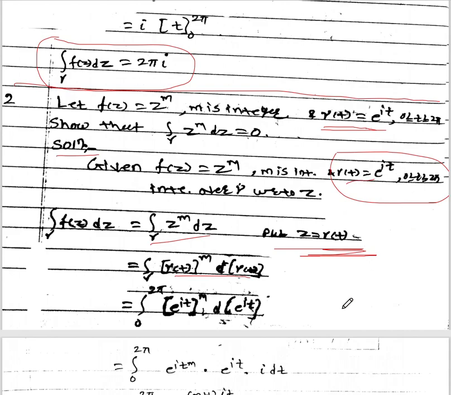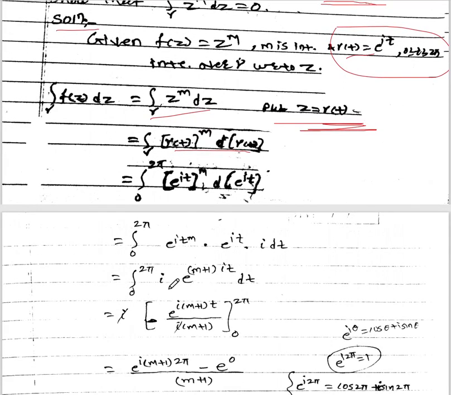Okay, so this term can be written as integral 0 to 2 pi e raised to power it, to the power m, into the derivative of e raised to power it, which is e raised to power it into i, dt. Okay, so we can club this term. So 0 to 2 pi integral as it is.